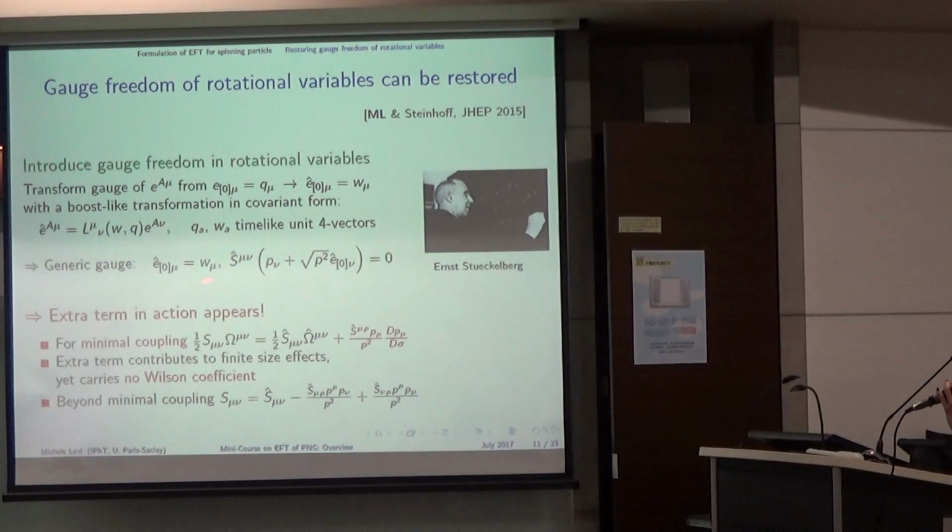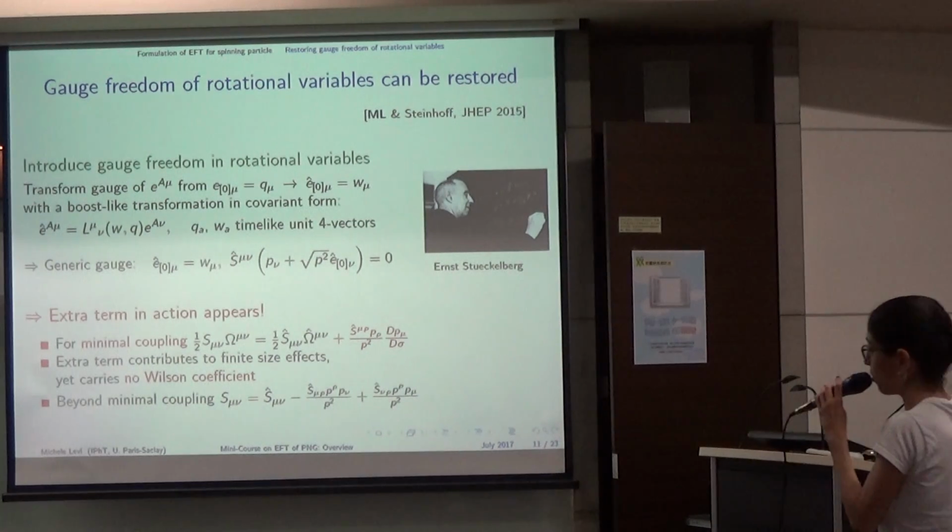That puts in a new gauge variable for the time-like vector, and we get a generic gauge for the spin variable. That's the most generic way to write the possible choices to constrain the spin variable.